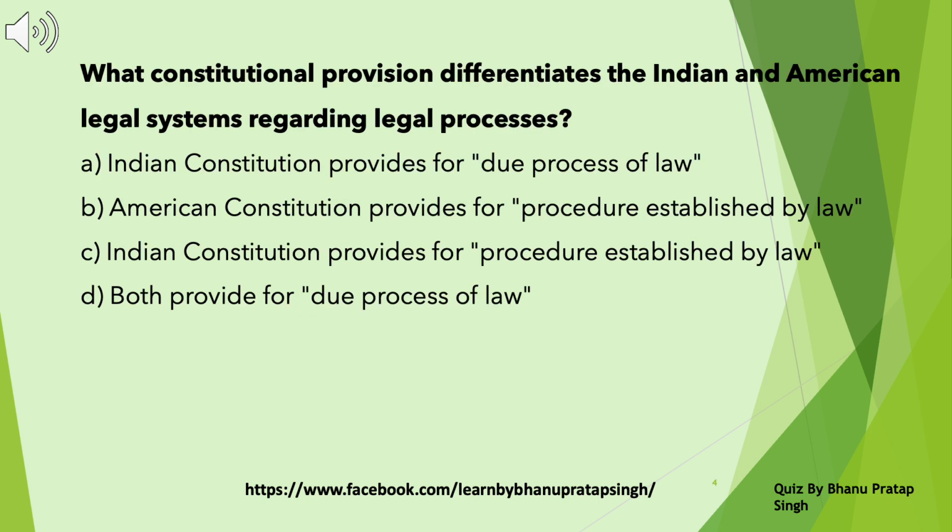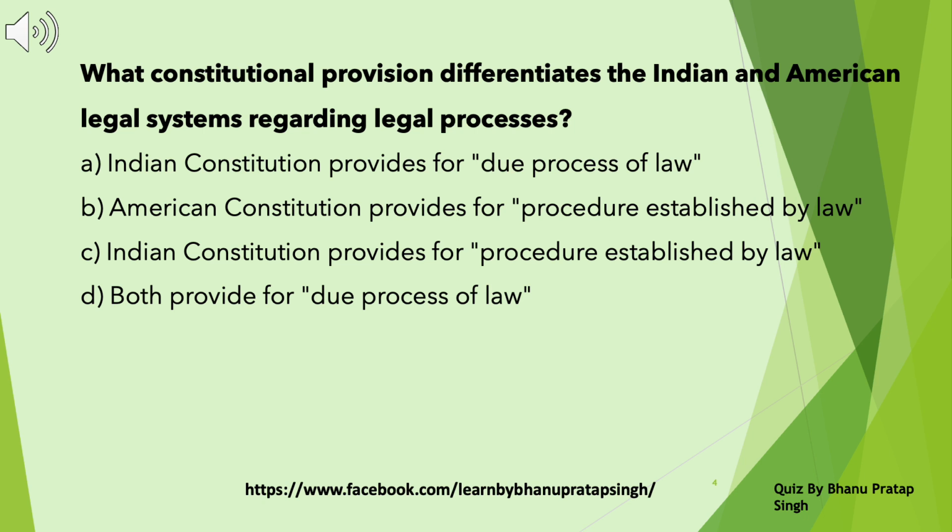What constitutional provision differentiates the Indian and American legal systems regarding legal processes? A. Indian Constitution provides for due process of law. B. American Constitution provides for procedure established by law.